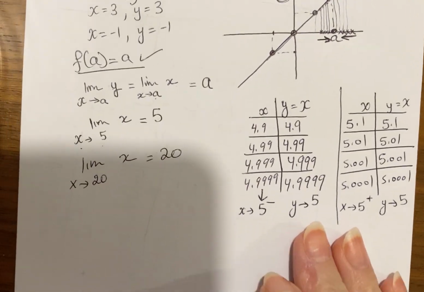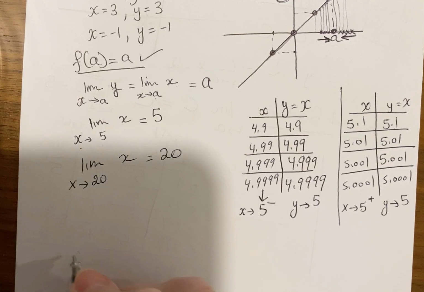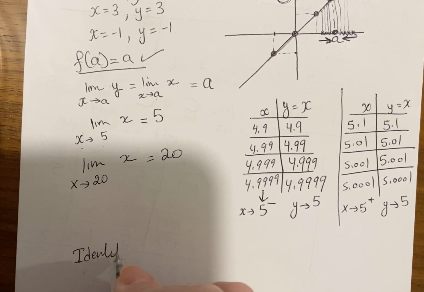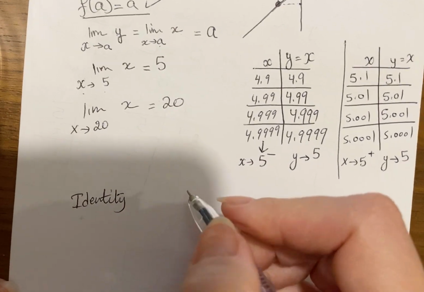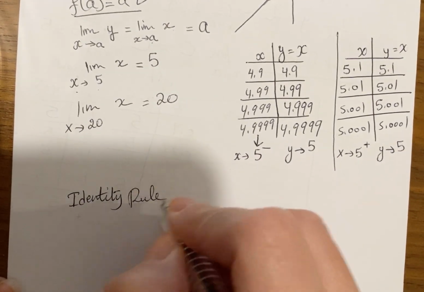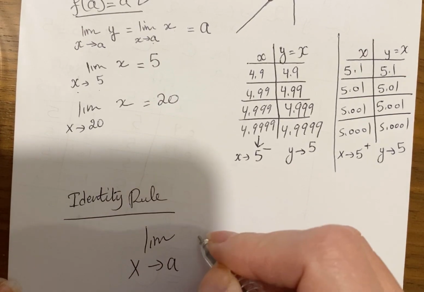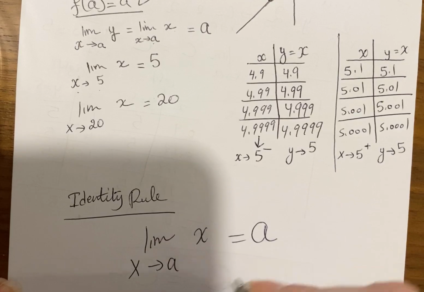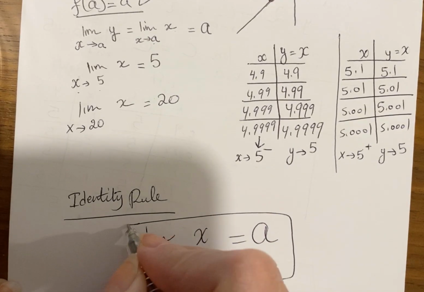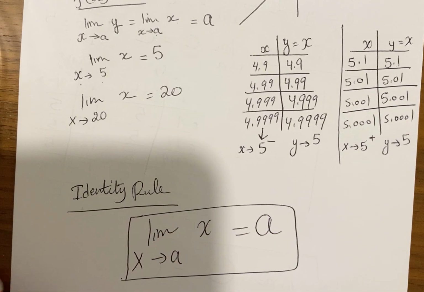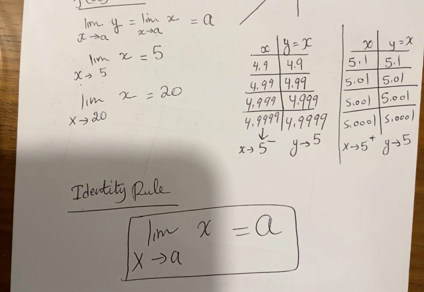So this is the next rule, and it's called the identity rule. The limit as x approaches a of x is equal to a.